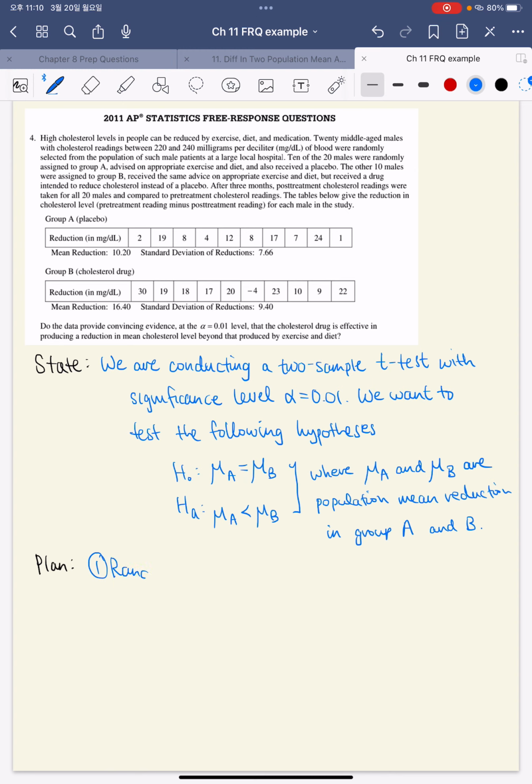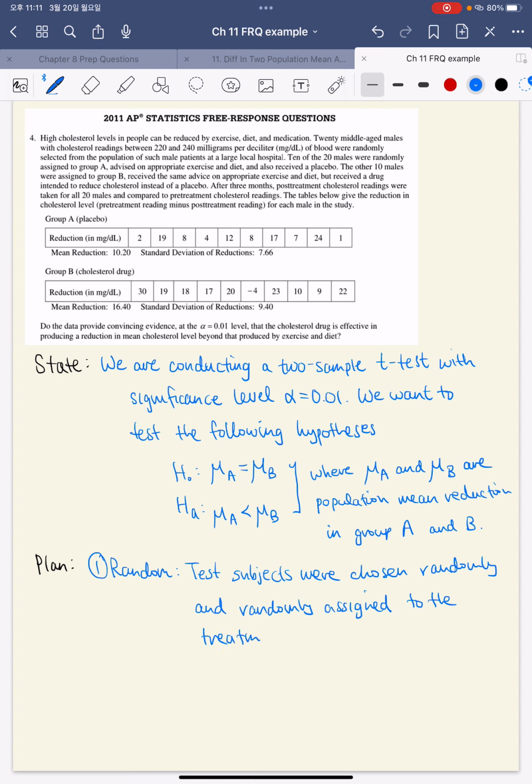Yeah, random test subjects were, oh, my bad, were chosen randomly and randomly assigned to the treatment group, as in group A or B.